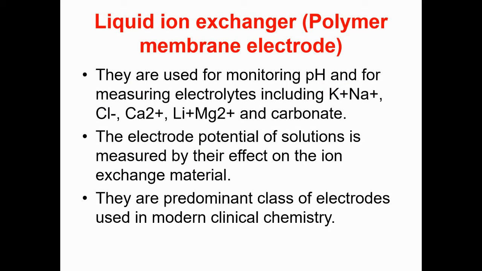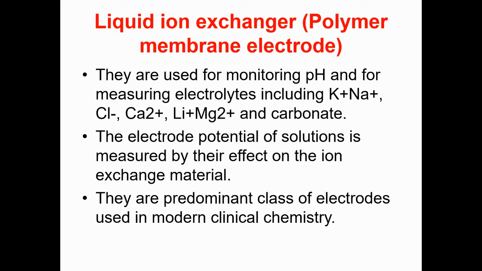The next one is a liquid ion exchanger. What is a liquid ion exchanger? It is used for monitoring pH and measuring the electrolytes. We will be measuring all the electrolytes with this one.